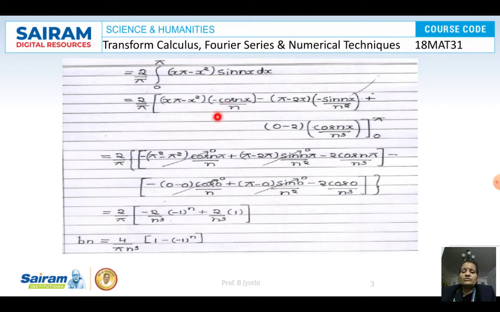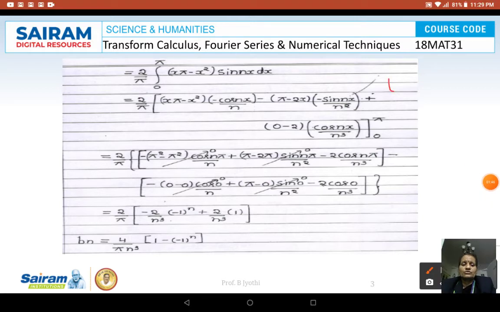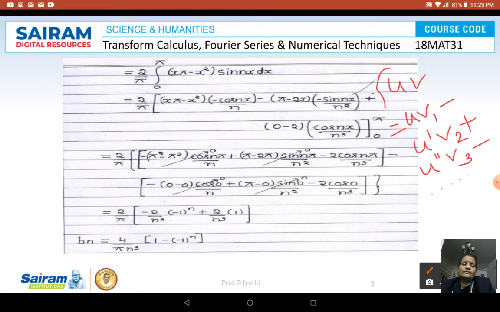Now we need to integrate this by using the UV rule, Bernoulli's rule of integration, which I have already explained. So the integral of UV is given by u v1 minus u dash v2 plus u double dash v3 and so on.